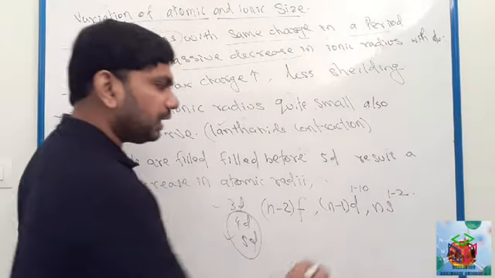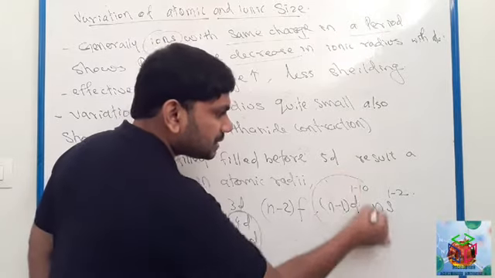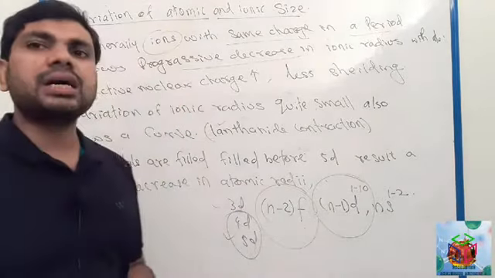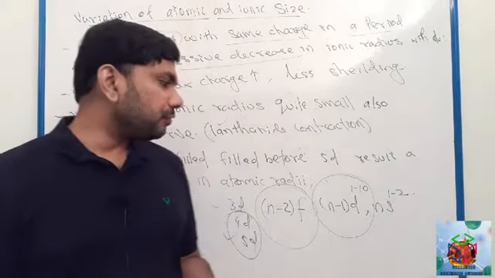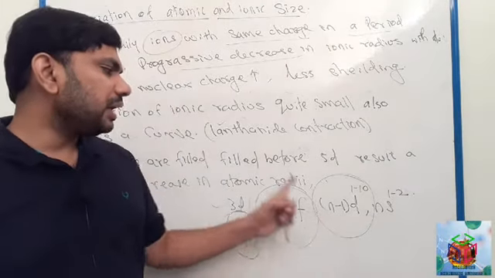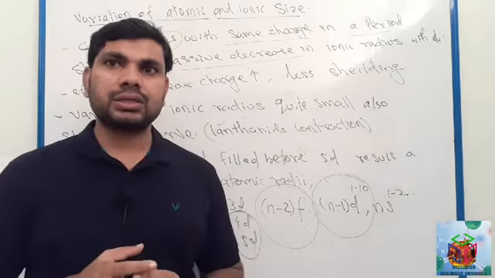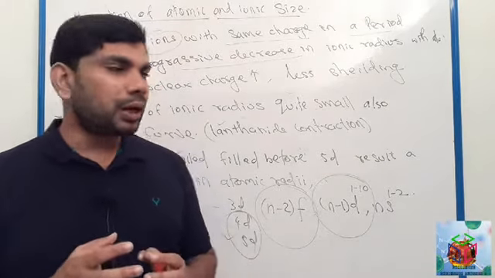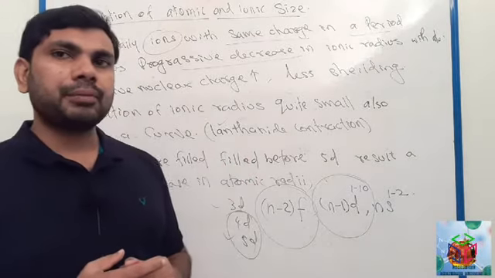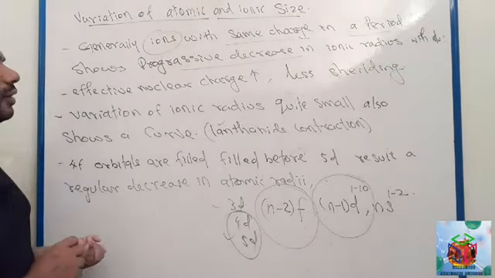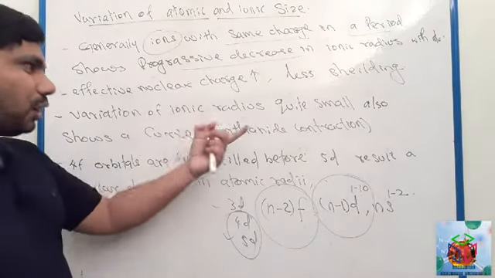So before filling the d orbital, the f orbitals are filled by electrons. That's why this process happens. Clear? So here the variation of ionic radius is quite small.